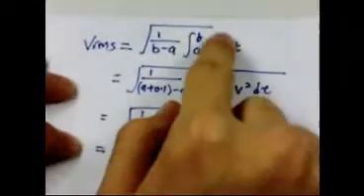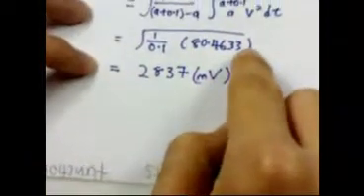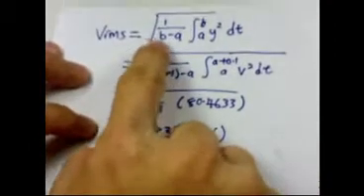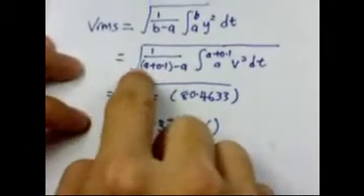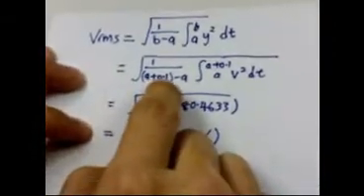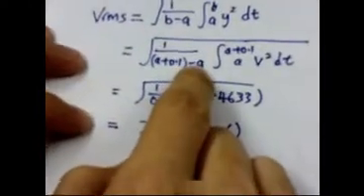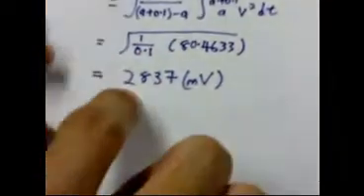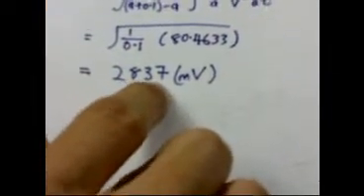The value we get here will be 80.4633. And for the value of 1 over b minus a, b will be a plus 0.1, and the value of a will be the value of a. After we substitute all the values in, we will get the answer 28.37 millivolts.